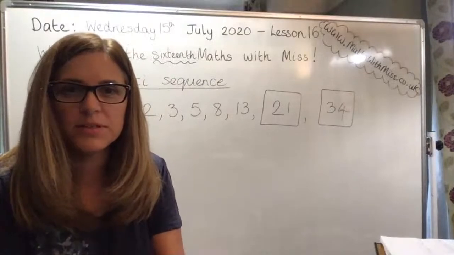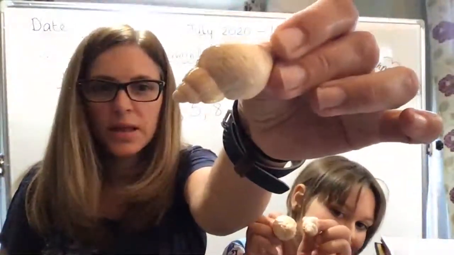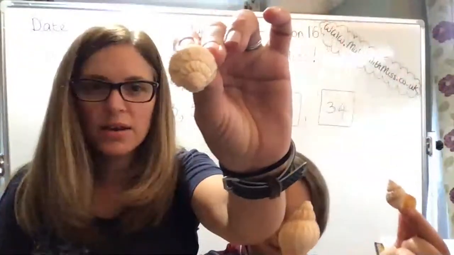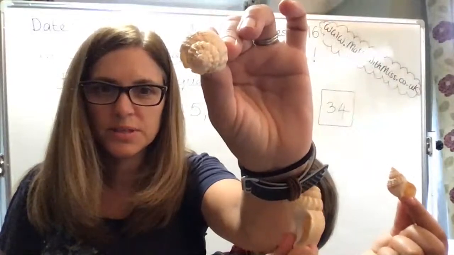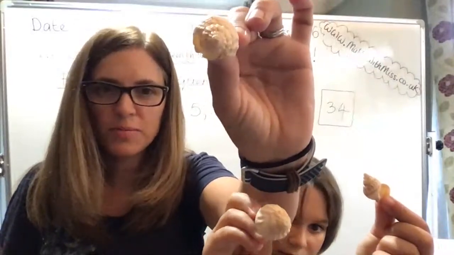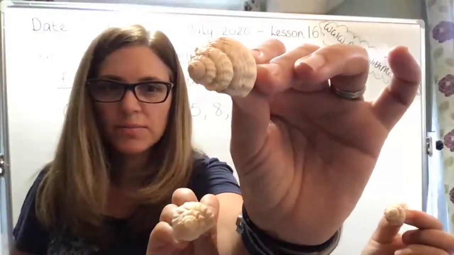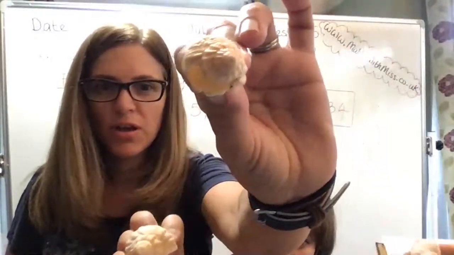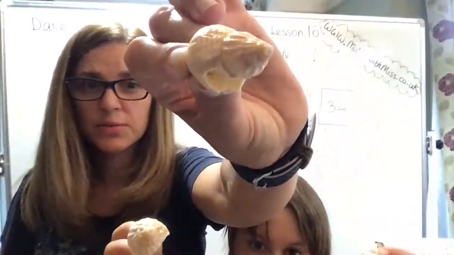I'm going to put one up to the camera now. Can you see that? I collect shells. And then when we're learning about Fibonacci and sequences, if I've got enough, I give everyone in my class a Fibonacci spiral. That spiral grows in the exact form of that number sequence that we just did.